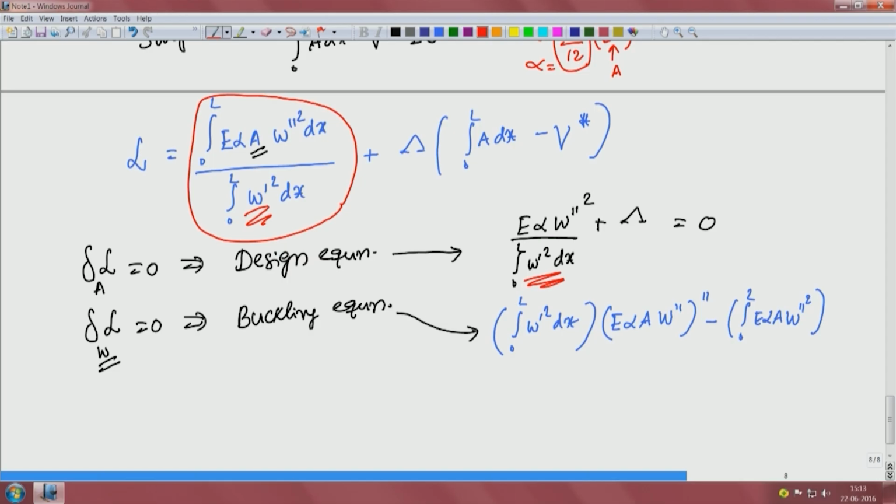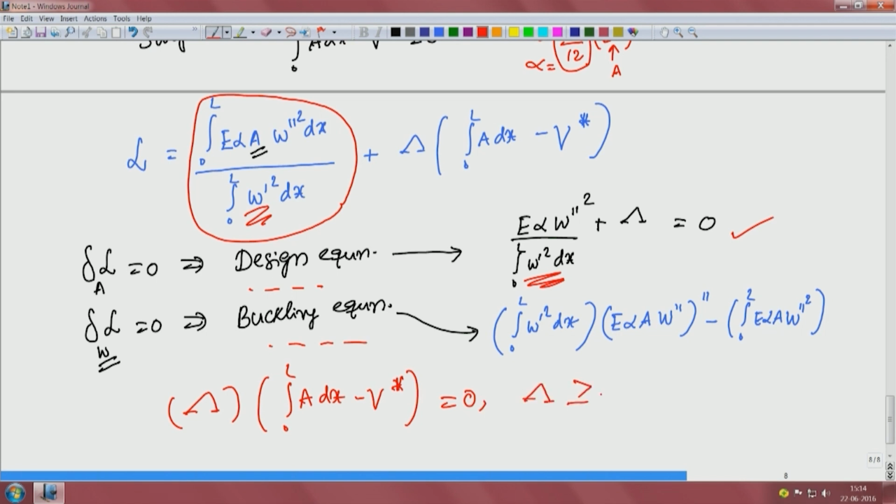When we do that, we get the design equation, then the buckling equation, and then the complementarity condition: lambda times the constraint, integral of A dx minus V star, equal to 0, and lambda greater than or equal to 0.